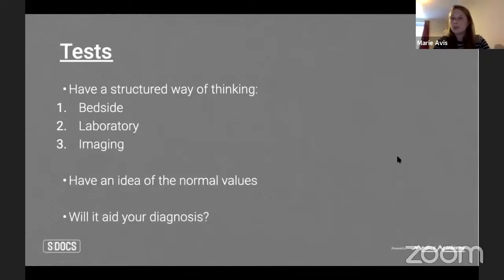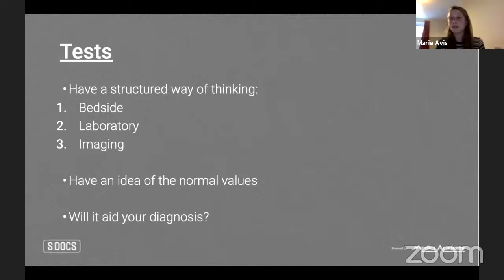And then once you've asked all these questions, you've hopefully got down to a couple of things you're really focused on, then you can go through tests. So my way of thinking about tests is in 3 different categories. Again, I love structure. So the first one you can think of is bedside tests. And these are quick, simple things you can do at the bedside, aptly named.